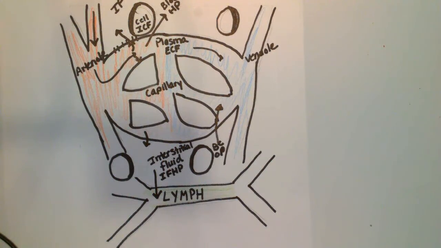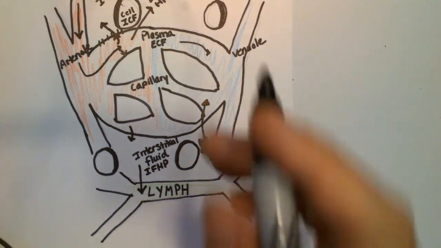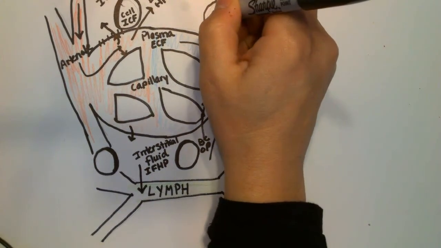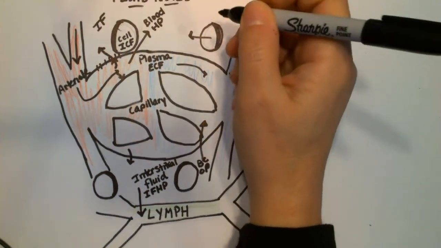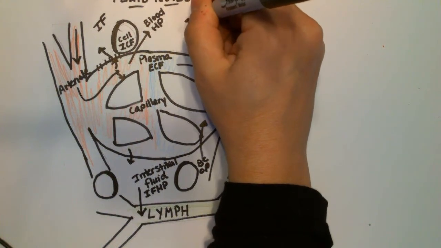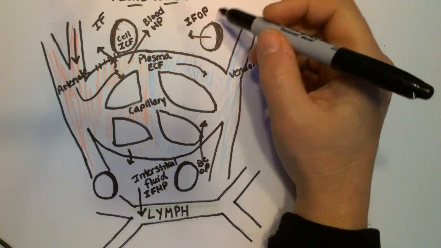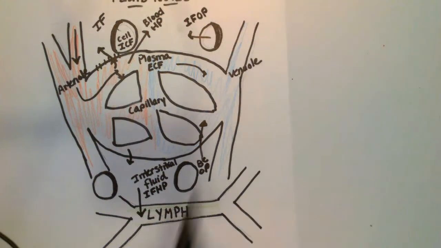And then the last movement is going to be the interstitial fluid osmotic pressure, and that's going to pull fluid from the cells into the interstitial fluid. So this is the interstitial fluid osmotic pressure. And it is also going to be driven by the concentration of solutes.